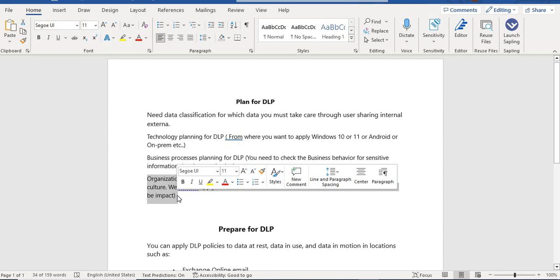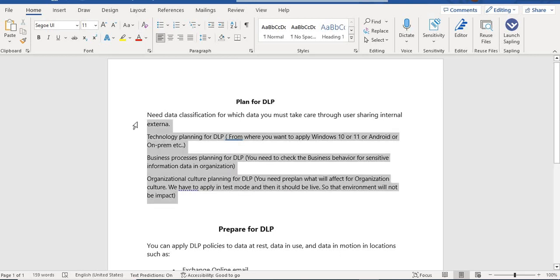You have to configure the DLP policy, and then you will be notified where the effect is, where the impact is, and where the benefit of this service is. So this is the first plan for DLP.